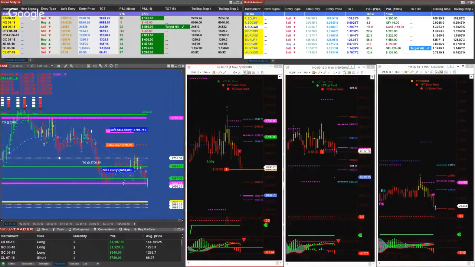But we have a short trade on the ES, and we have a short trade on the NASDAQ. The NASDAQ destination is 929.25. And the ES, I'm hoping for 26.92.75. Those are the targets.